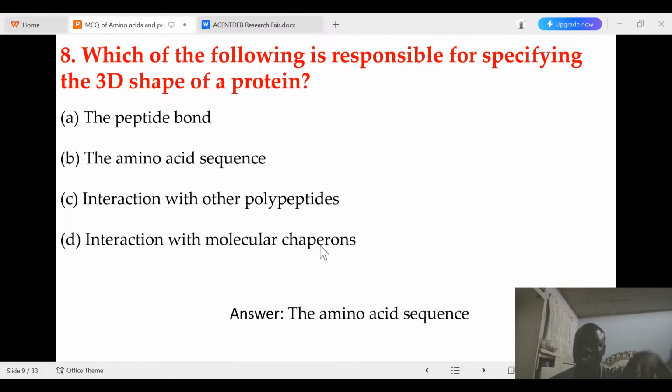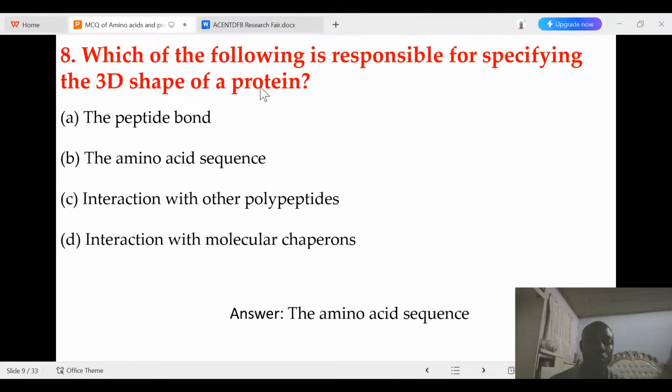Go and check the shape of hemoglobin. It's not the same as the shape of myoglobin. Go and check the shape of insulin, adrenaline, oxytocin, somatotropin, and some other important enzymes found in the body. Their shapes are different, and why? Because of differences in the sequence of their amino acids.